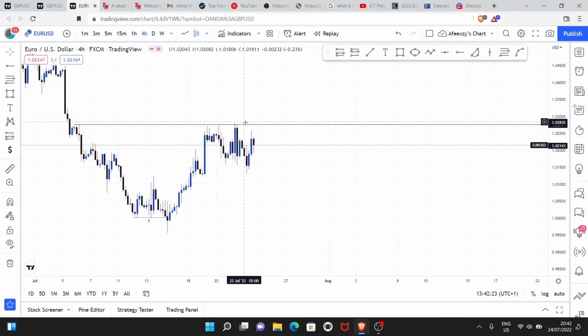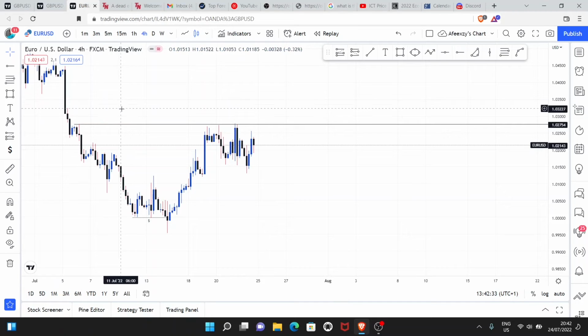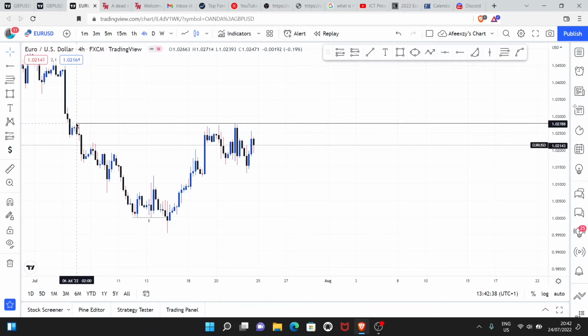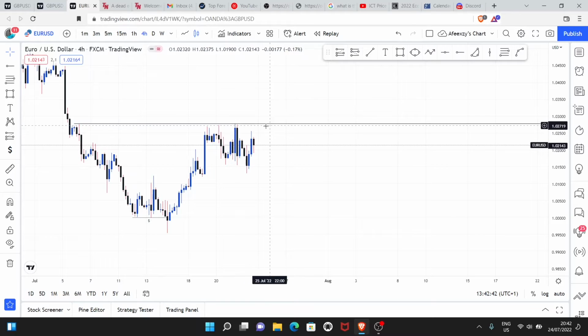Then it went ahead to clear some of this high, but didn't clear it totally. It went to form equal highs again with some liquidity zone, but it cleared some of the high. That brought this sell.